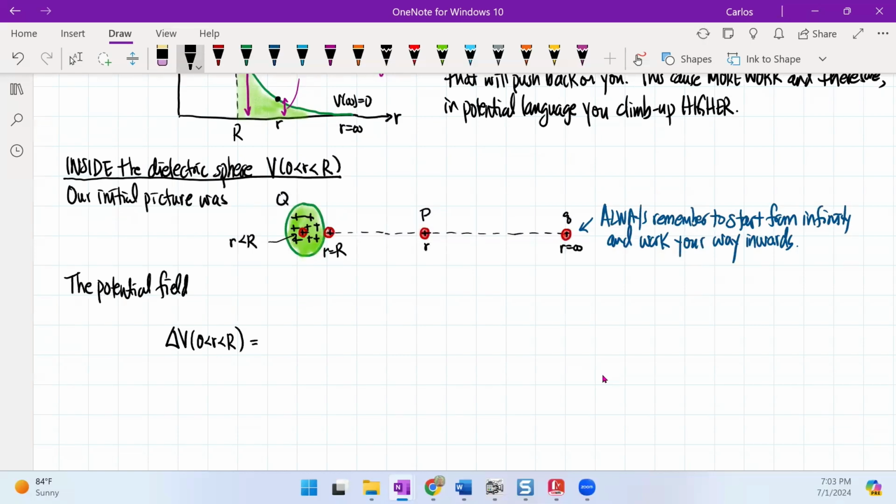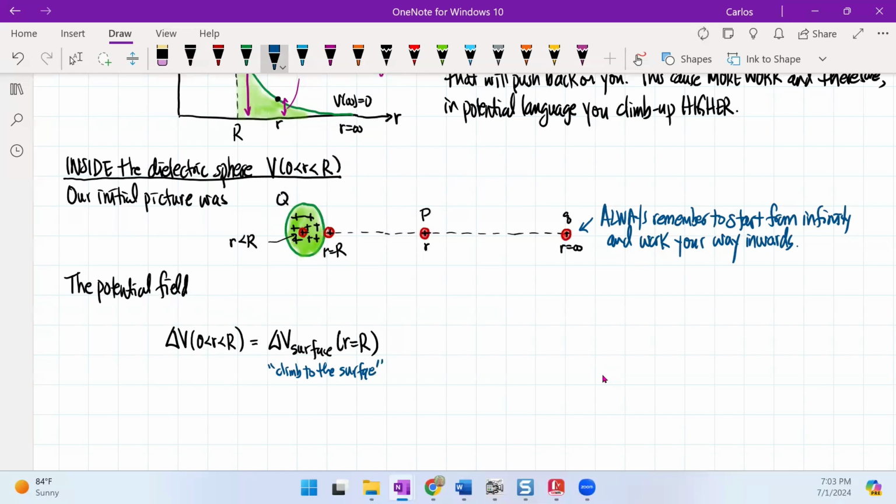That means I'm starting at infinity and I have to go to big R. So I have a potential that has to get me to the surface, which is little r equal to big R. In other words, we have to climb to the surface first.